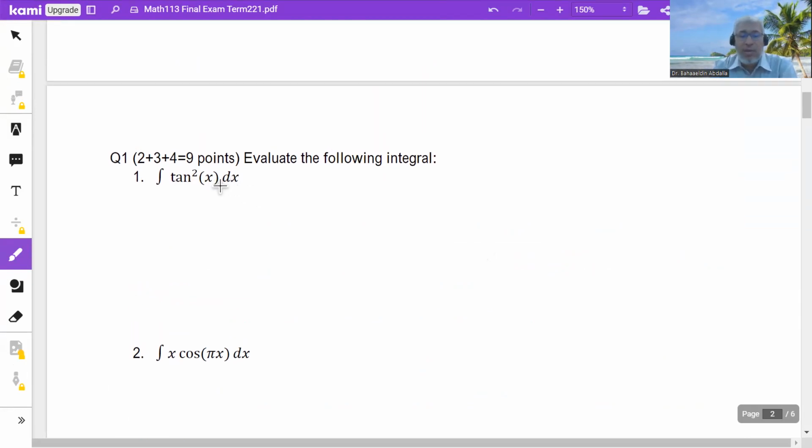Well, I don't have a formula for tan square, but I know that tan square x plus 1 is equal to secant square x. And I know the integral of secant square x is tan x, because the derivative of tan is secant square.